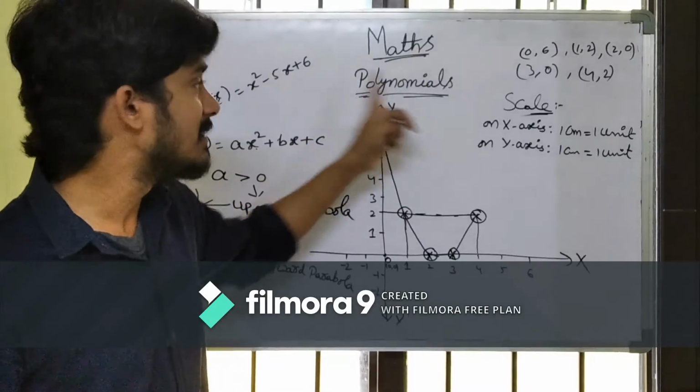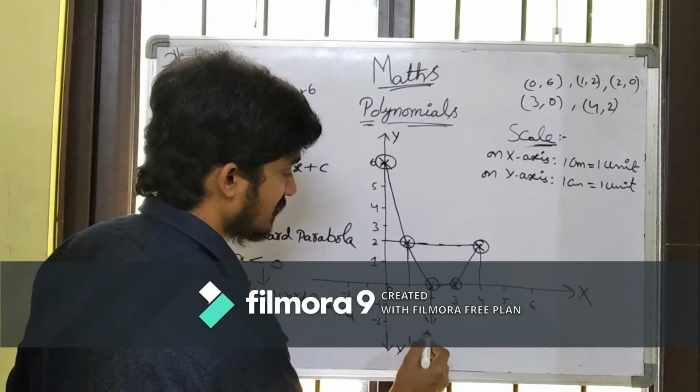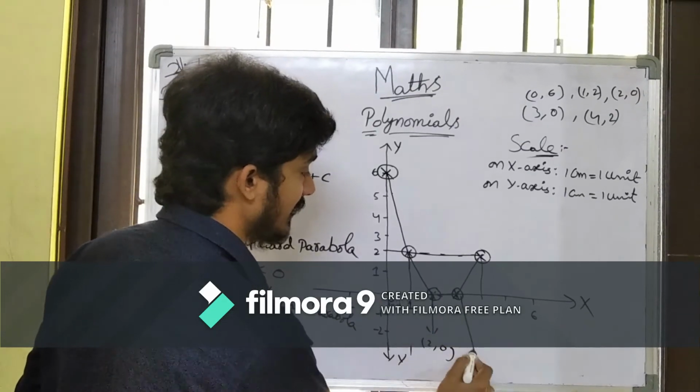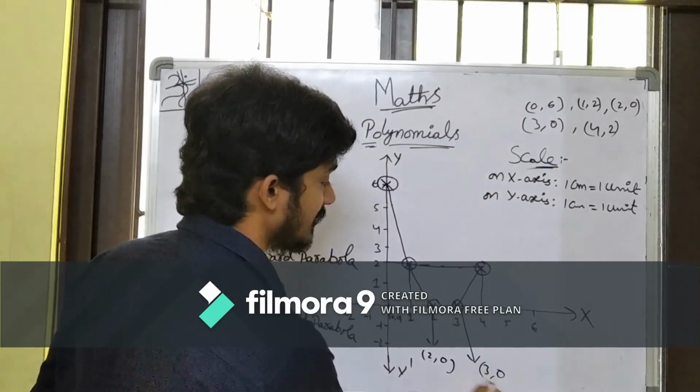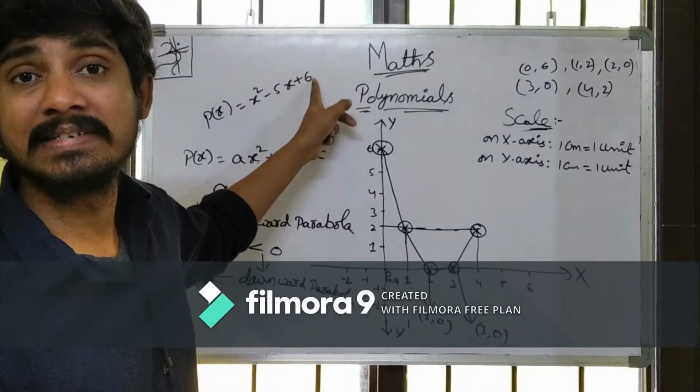What are those solutions? The first one is (2, 0) and the second one is (3, 0). These two are solutions of the polynomial x square minus 5x plus 6.